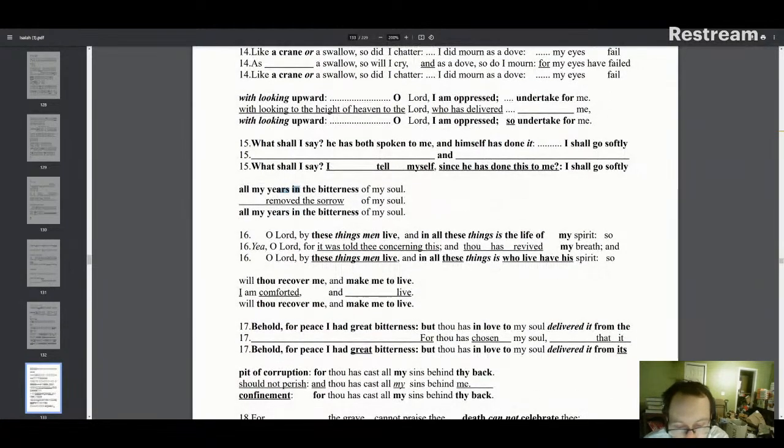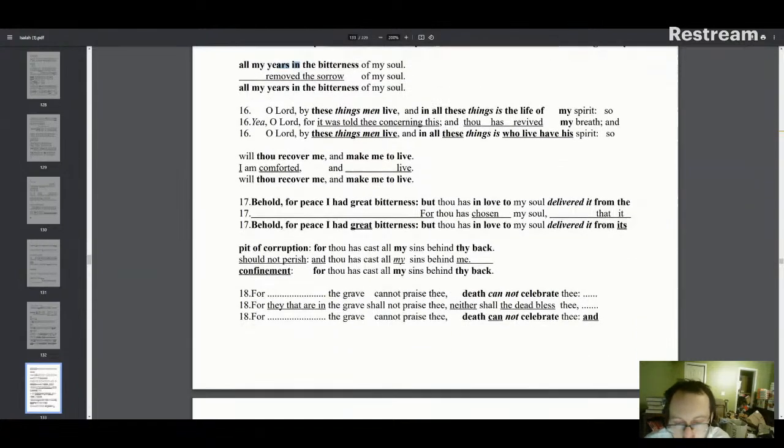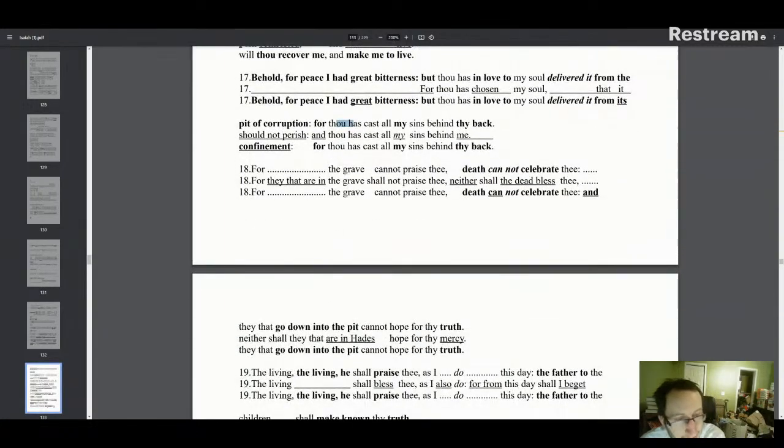O Lord, by these things men live, and in all these is the life of my spirit. So wilt thou recover me and make me to live. Behold, for peace I had great bitterness, but thou hast in love to my soul delivered it from the pit of corruption, for thou hast cast all my sins behind thy back. For the grave cannot praise thee, death cannot celebrate thee.